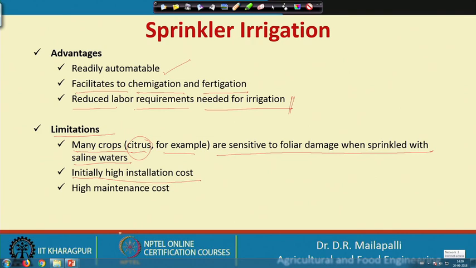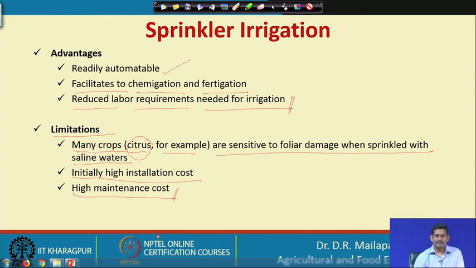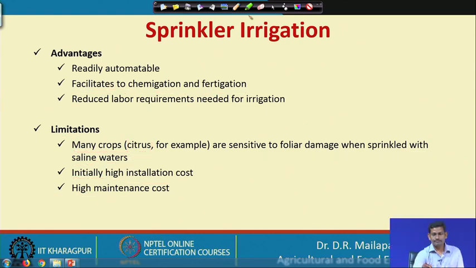The labor cost is less because no labor is required, but the maintenance cost is high, basically from blockage of sprinklers, sprinkler head dysfunction, malfunctioning, all those things. So the maintenance cost will be more in this case.